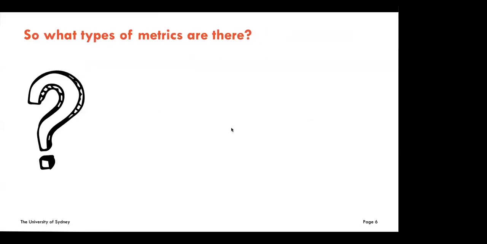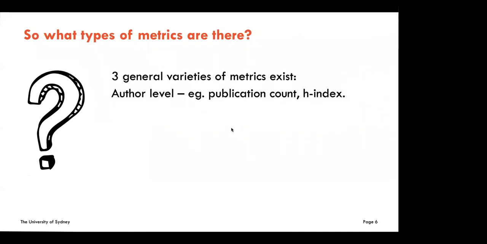Now, what types of metrics are there? There are 3 general varieties. There's the author level metrics, so there are your counts of how many papers you've written, your overall citation count, your H-index. There's article level metrics, so again, it's citation counts and field weighted citation impact figures.